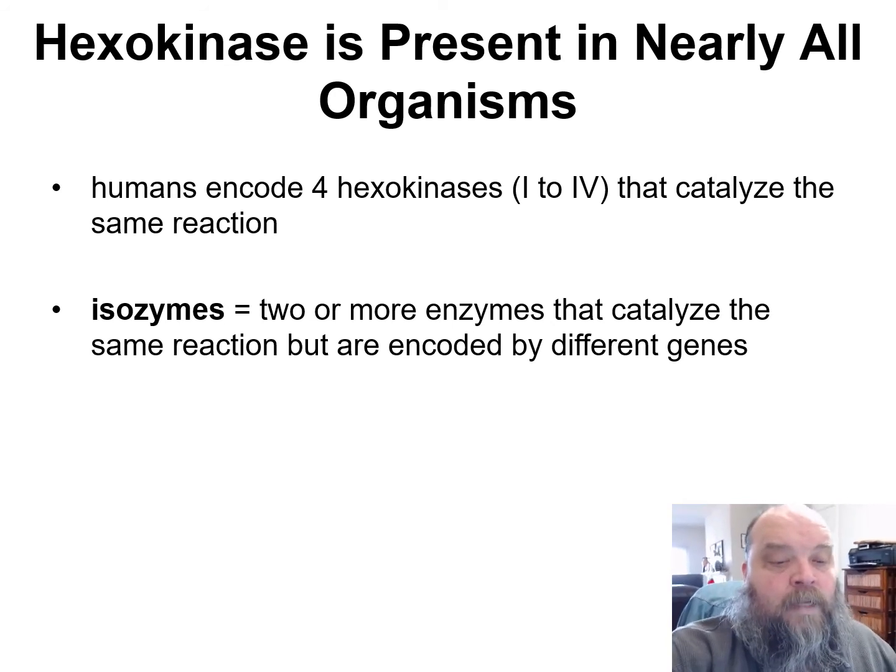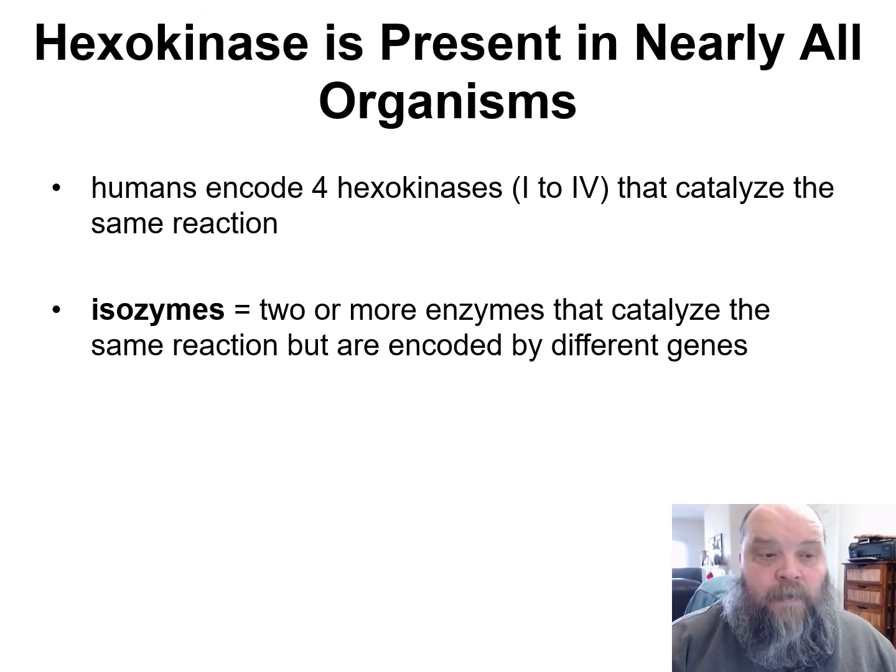So those organisms that had multiple versions of this hexokinase-like enzyme seem to do better, because for whatever reason, whatever cellular conditions in whatever cell and whatever tissue organ, hexokinase 1 just doesn't seem to work. Guess what? You got 3 other versions that are also there ready to do the job.